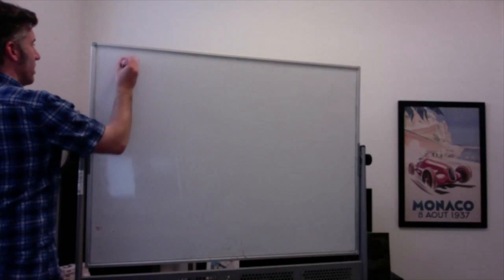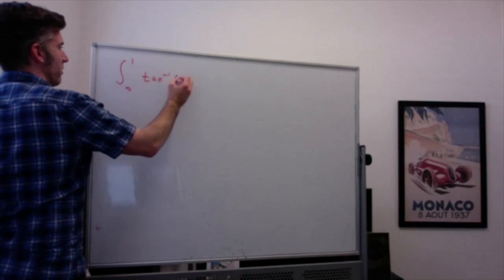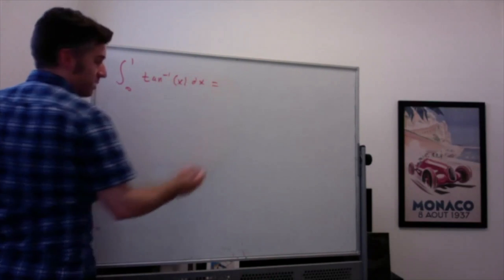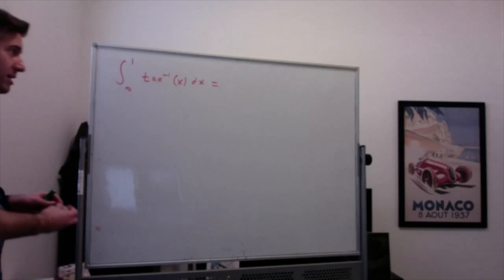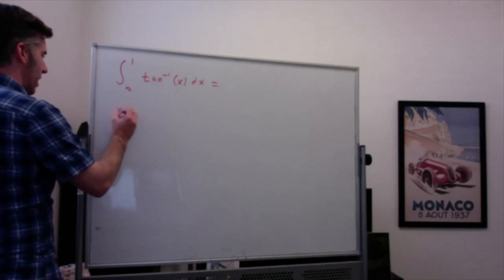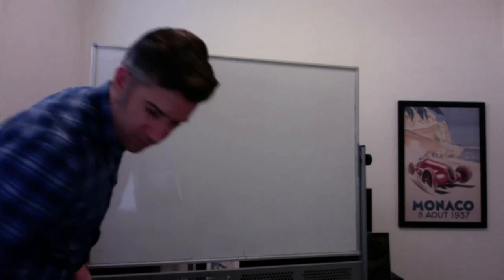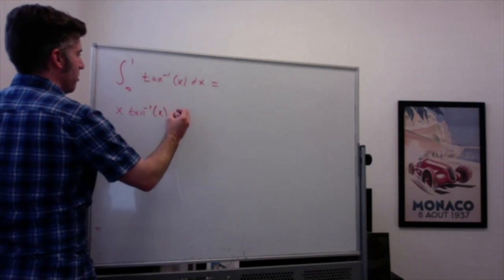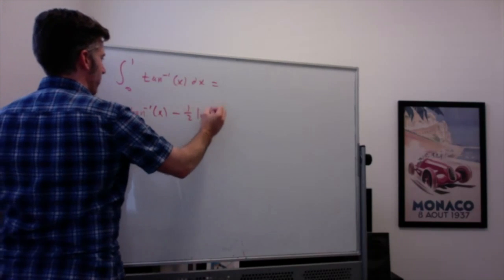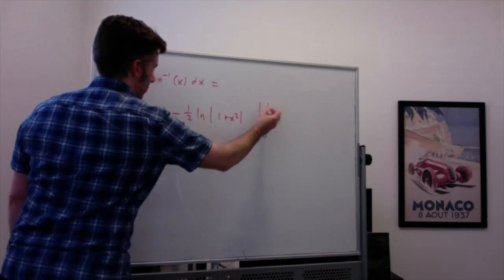So if I'm trying to do the integral from 0 to 1 of the inverse tangent of x dx, that's going to equal the thing I just found: x inverse tangent of x minus 1/2 the natural log of the absolute value of 1 plus x squared from 0 to 1.